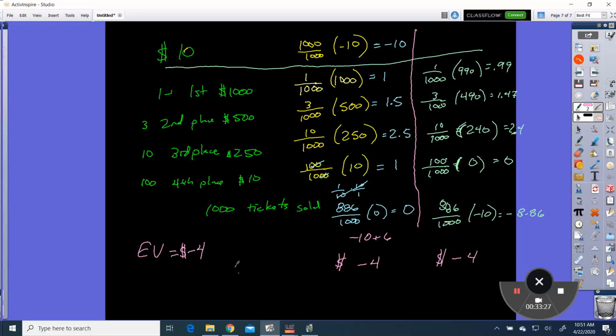So that's the expected value of that raffle. So that's how you do expected value. I showed you two different ways, different amounts of winnings depending on whether I say everybody pays $10, 1,000 out of 1,000, or whether I say your winnings are $10 less because you paid $10 to get your winnings. So whatever way makes more sense to you, that's the way you ought to do it. But that's that problem.